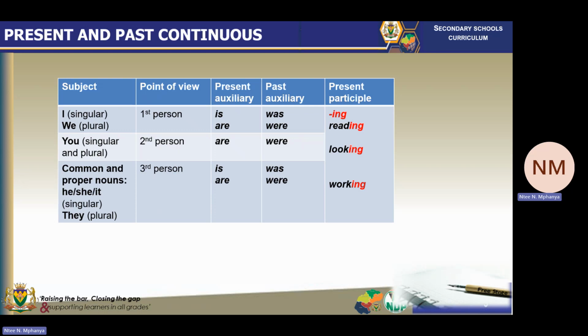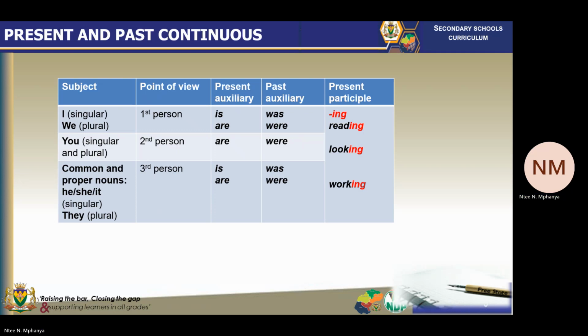In the second person point of view, we have you, which is specific, referring to a person, or general, referring to everyone. You is the second person point of view, which has are as our present tense auxiliary verb and uses were for the past tense auxiliary verb.